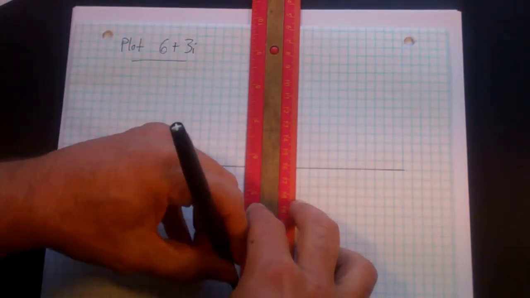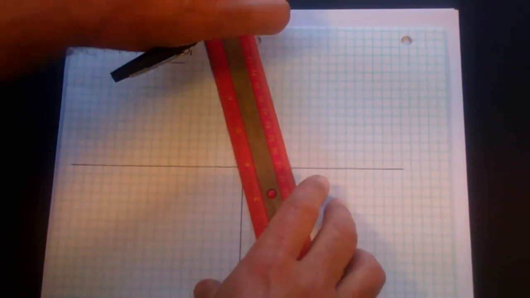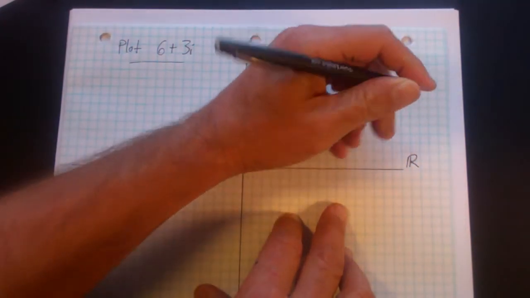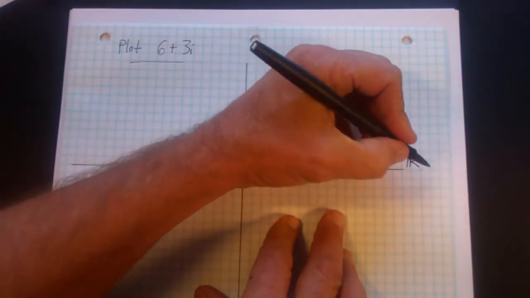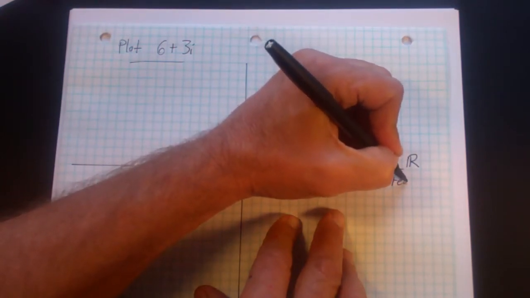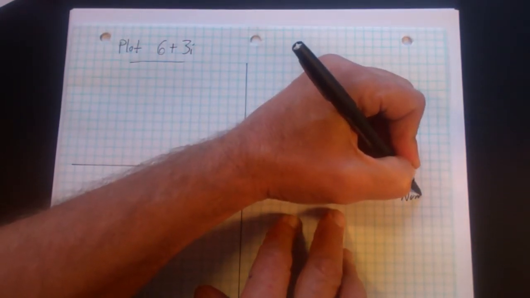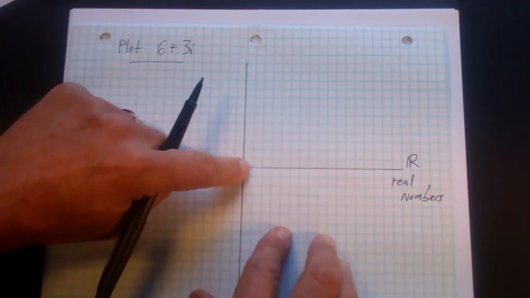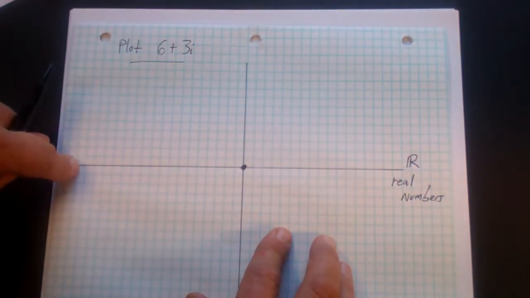The way we're going to change it is the horizontal axis we're going to call the real axis. I often use this R here with a double post, but you don't have to use that. If you want to, you can just say these are real numbers. We're going to define this as 0. As you go in this direction, this is positive, and in this direction, this is negative.